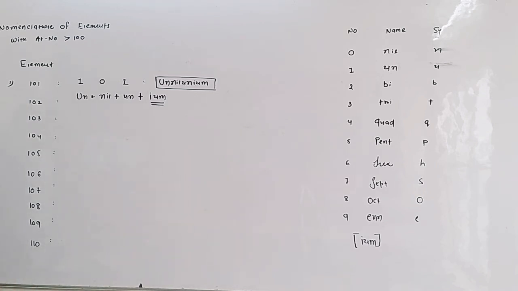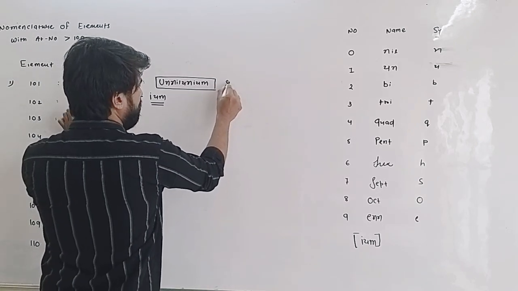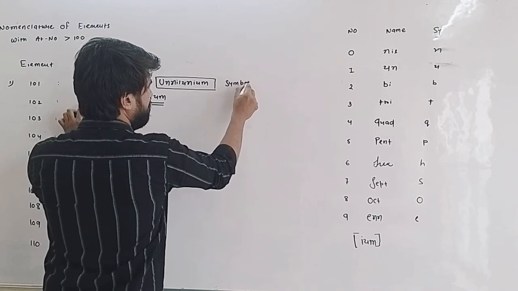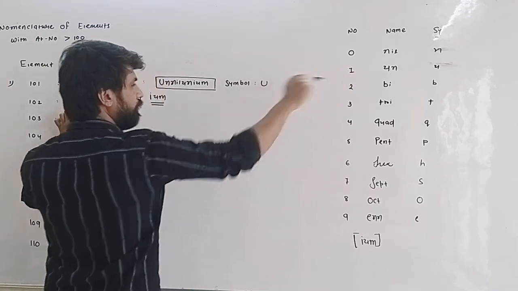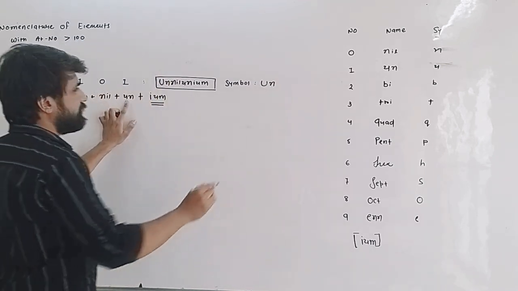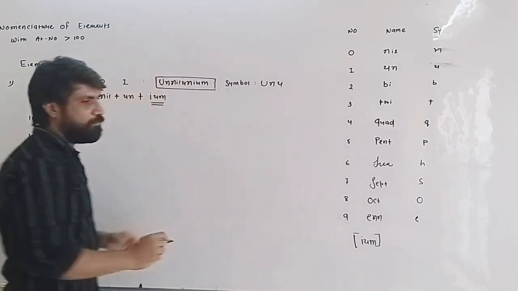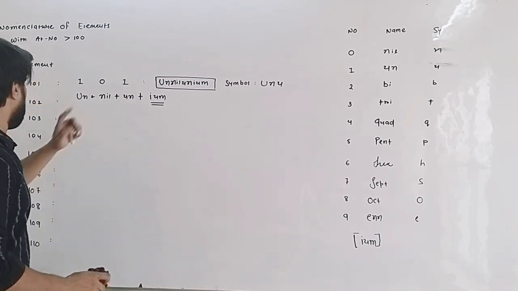The first one, un, means U. Then nil means N, and un means U. So U-N-U is the symbol. What is the symbol? U-N-U is the symbol. Any doubt? No. So that is the first name.